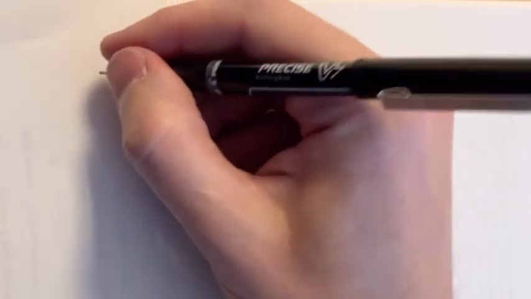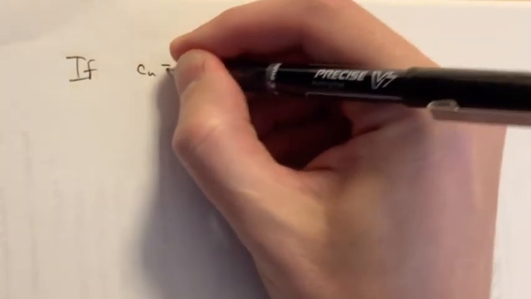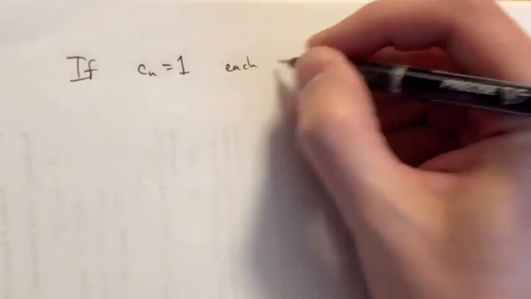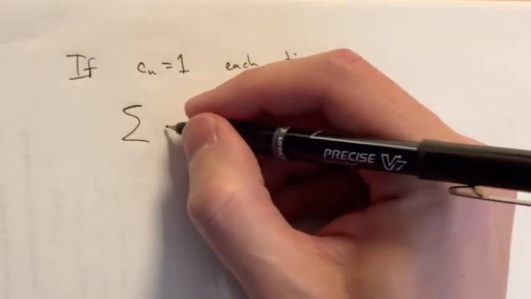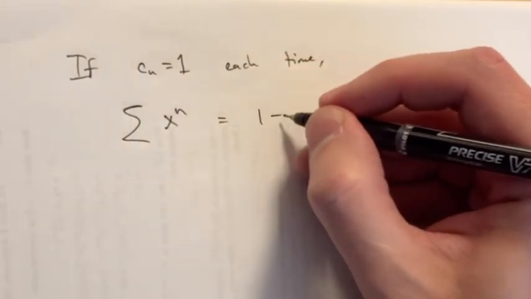Okay, here's a very simple example. Maybe the simplest possible example of a power series would be when you choose all those coefficients just to be 1 every time. So if Cn equals 1 each time, then the power series would just be the sum of x to the n, which if you write out the terms is 1 + x + x squared + and so on.